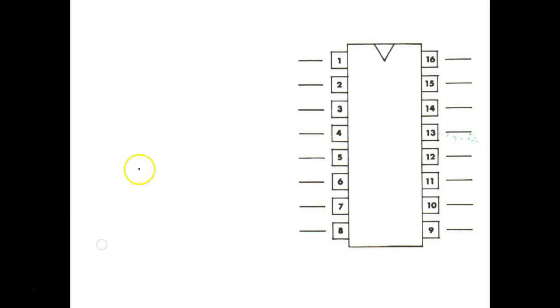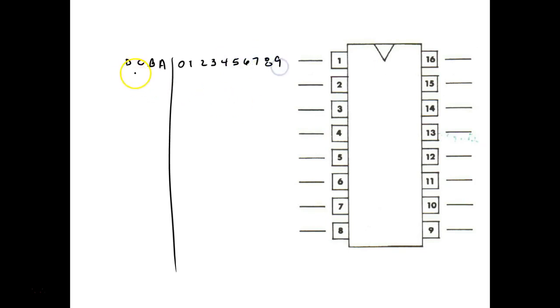We're going to set it up very similar to the data sheets. We'll put A, B, C, D on our inputs, and for our outputs we're going to have 0, 1, 2, 3, 4, 5, 6, 7, 8, and 9. Then we go through all our inputs from 0, 0, 0, 0 all the way down to 1, 1, 1, 1.